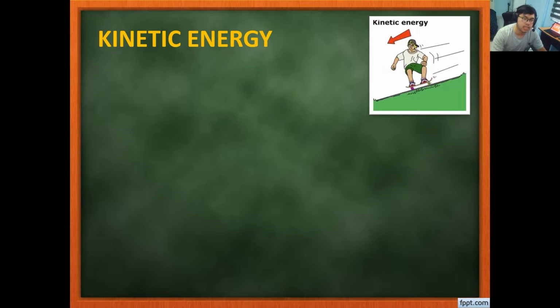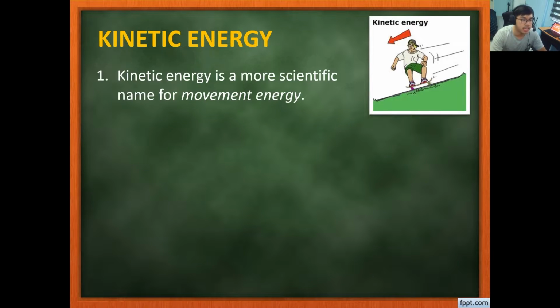So, what is this energy? Kinetic energy is a more scientific name for movement energy. When you were in year 7 or year 8, or even in primary school, this energy was called movement energy. Now that you have grown up and are a bit wiser, we're going to use the scientific name for movement, and that is kinetic.